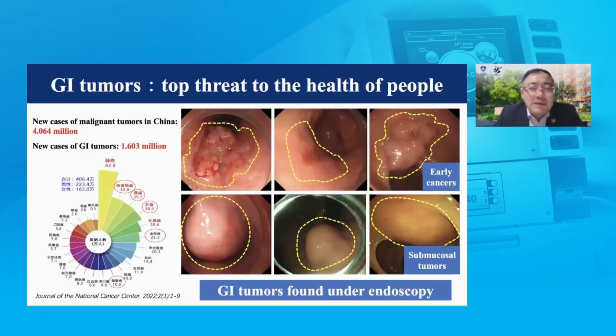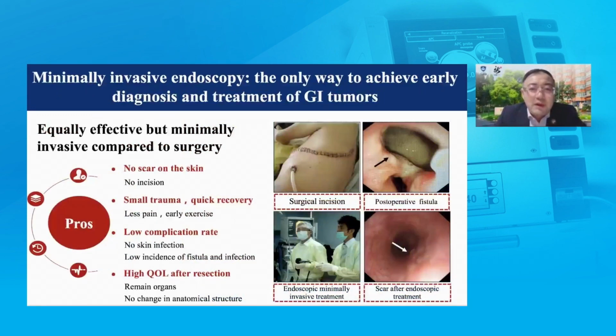With the development of endoscopy, we can now find many superficial tumors and some submucosal tumors. Based on recent data, GI tumors are now the top threat to people's health. Endoscopic therapy can have an equal effect to surgery, but it is even more minimally invasive.